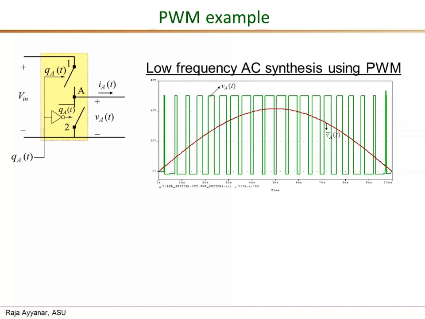So as an example, a low frequency sine wave generation using the PWM process is shown in this figure. You can see that by varying the duty ratio or the pulse width sinusoidally, we can generate a sine wave voltage in an average sense.